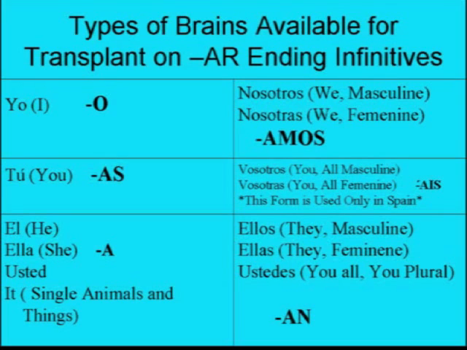In the fourth box, we see that nosotros and nosotras are written. We know that these words mean we, so this box can be called the we box. If you wanted to write Marco and I talk to calculators, you would use the we box because Marco and I are we.